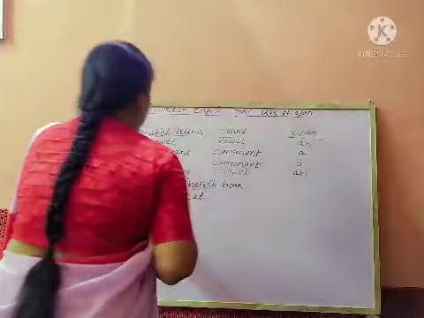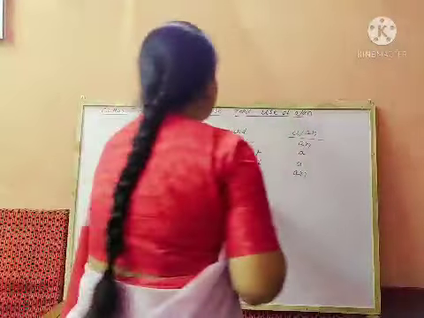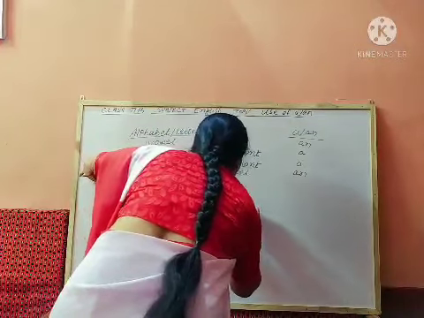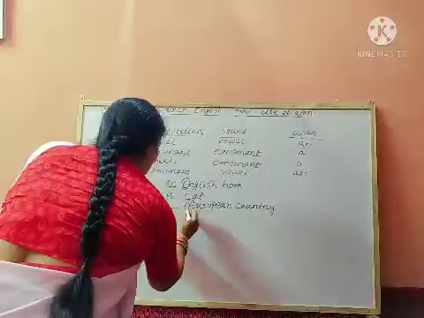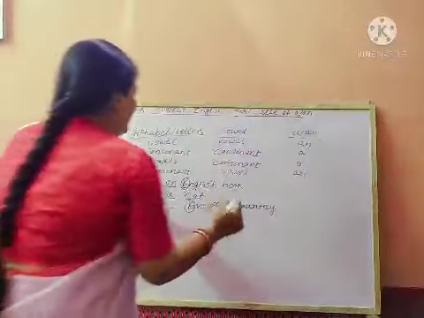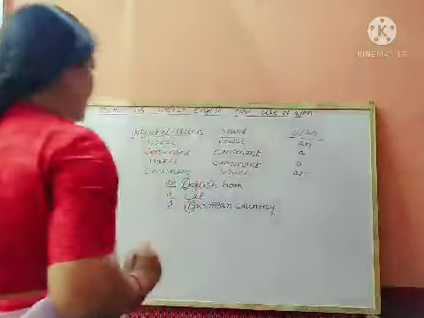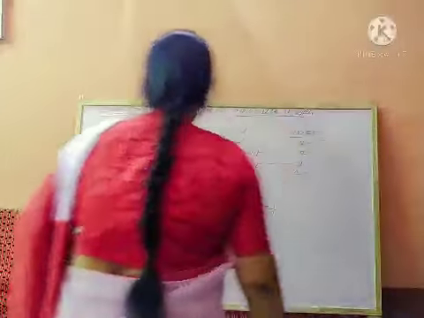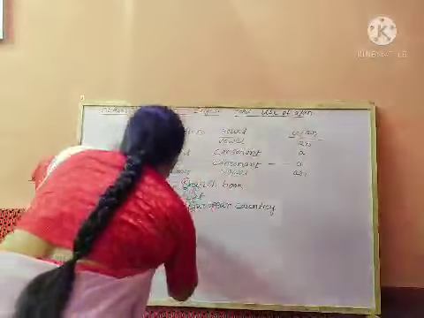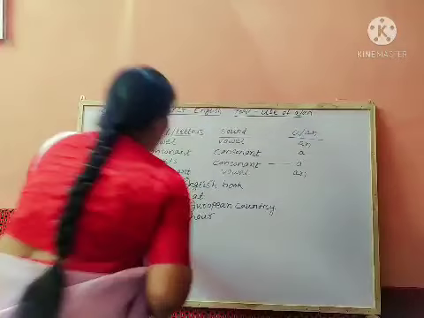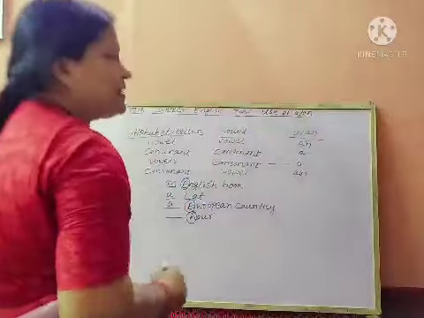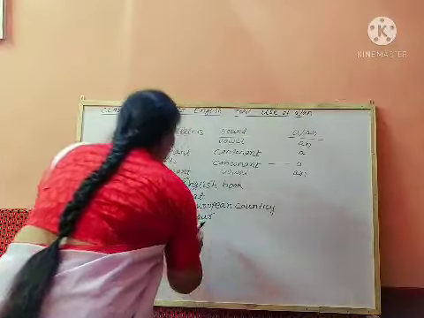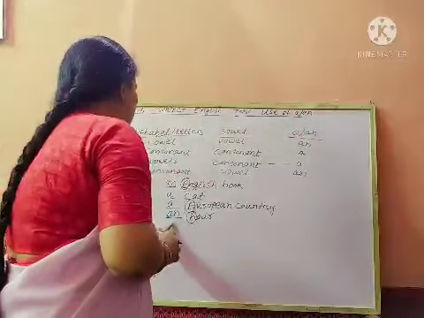So in this place we use A. Next, the letter is a consonant, but the sound is a vowel, O. H is silent and the sound is O. Then in this place we use AN.